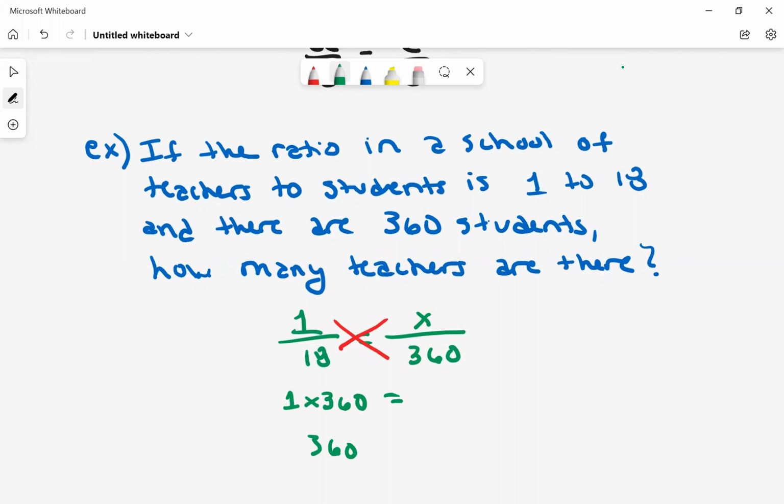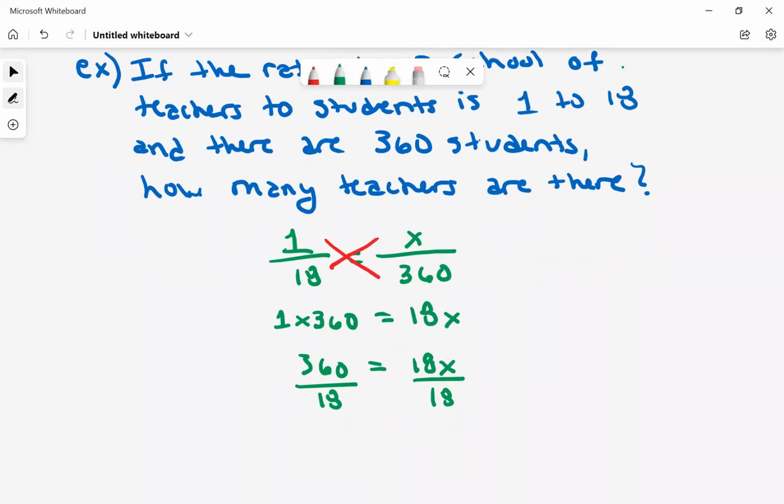The second multiplication is 18 times x, which I can just write 18x. And now I have a simple little equation that I can solve by dividing both sides by 18. And if you grab your calculator, and divide, that'll give us 20. So 20 teachers.